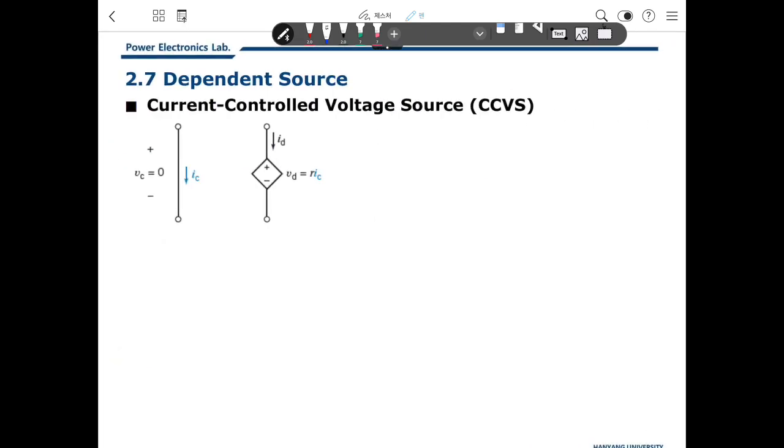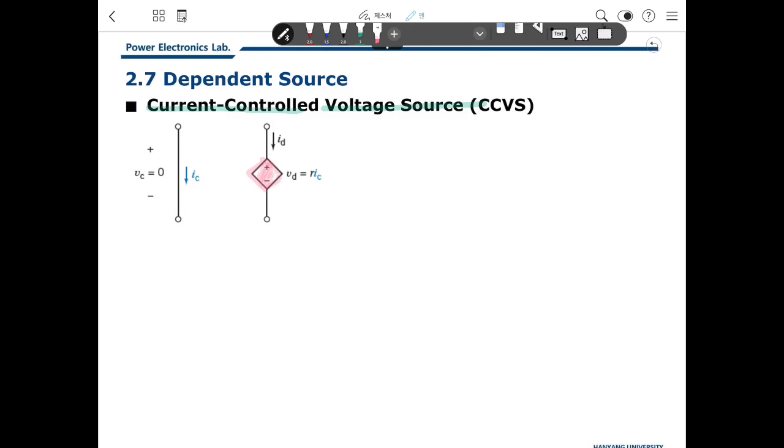There are four kinds of dependent source. The first is the current controlled voltage source. I don't know what the value is, but the source is a type of voltage source.